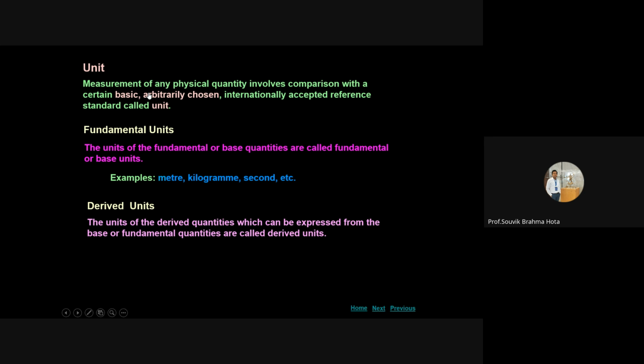That means whatever units are derived from these fundamental units are the derived units. Like meter per second is a unit for velocity, that is a derived unit. Kg per meter cube, all these things come under derived units.